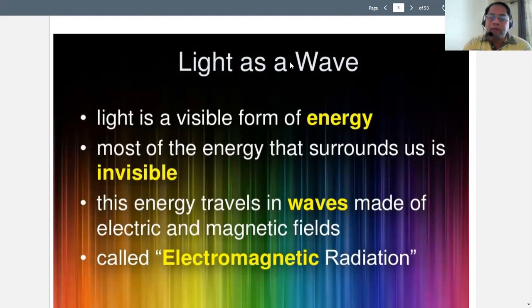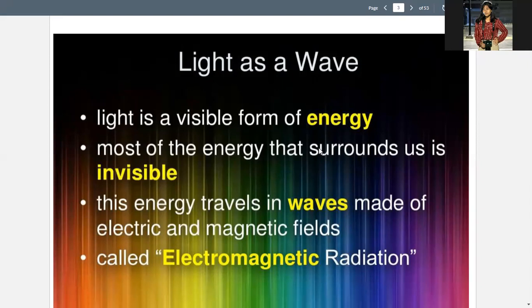But for light, if you vary the frequency of a visible light, what we will see are colors. So may range of wavelength na siya, I think from 400 nanometers to 700 nanometers. Kung ang electromagnetic wave falls within that range of wavelength, then we can see it with our eye.